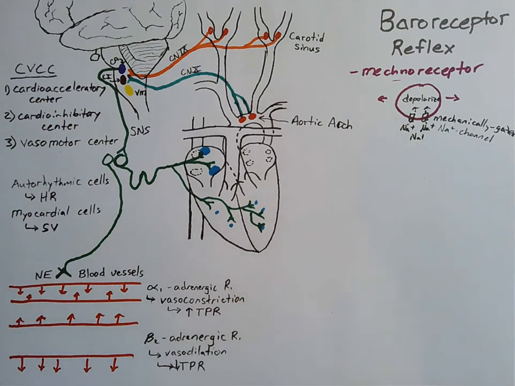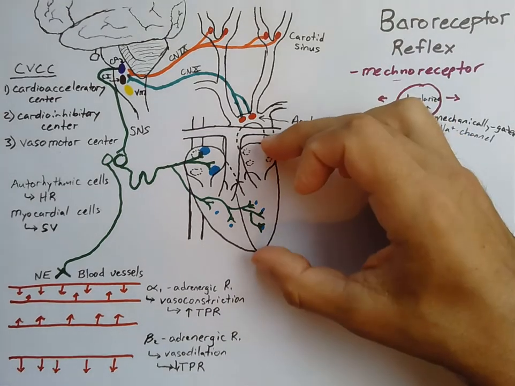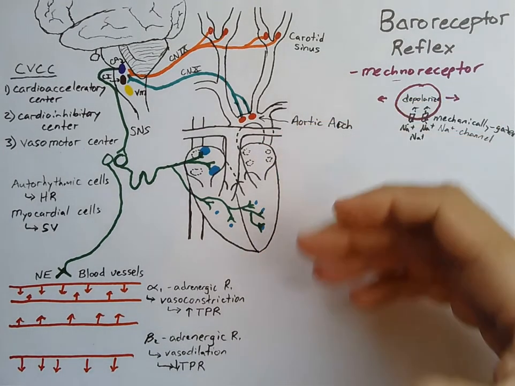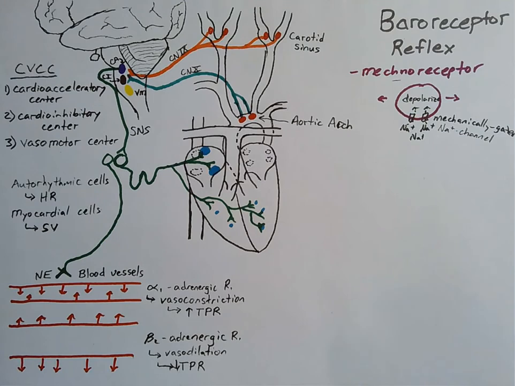Now, beta-2 adrenergic receptors and alpha-1 adrenergic receptors, where do we find them? Remember, alpha-1, I already said, are found in most locations in the human body. Beta-2, fortunately, are only found on the blood vessels covering the heart, the coronary arteries, and they're found in the blood vessels of the skeletal muscles.